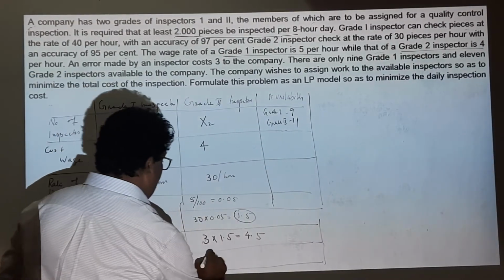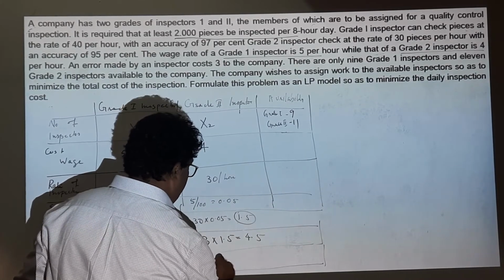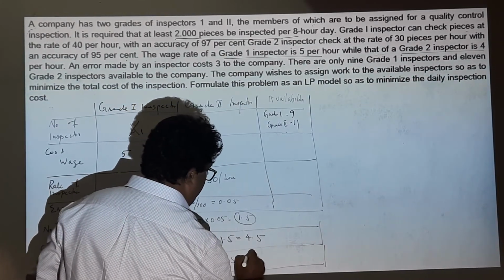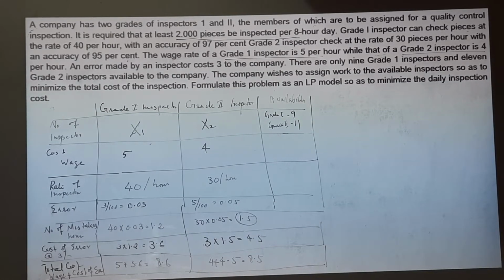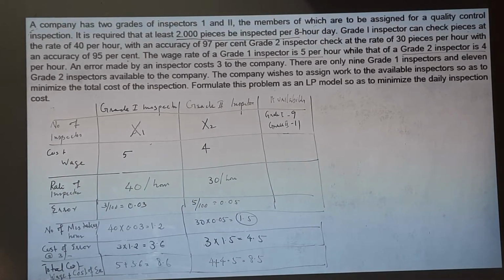Here 4 plus 4.5 is equal to 8.5. So this is the cost to the company per hour. And for 8 hours, you have to multiply it by 8. Now we can solve this problem.